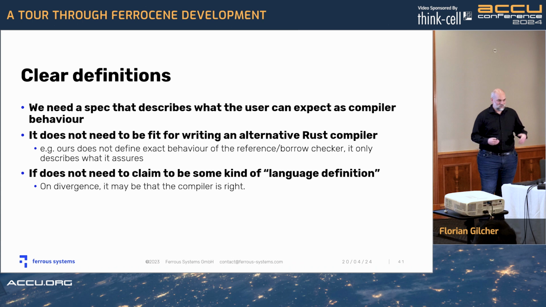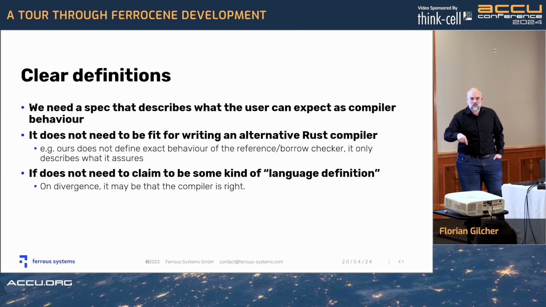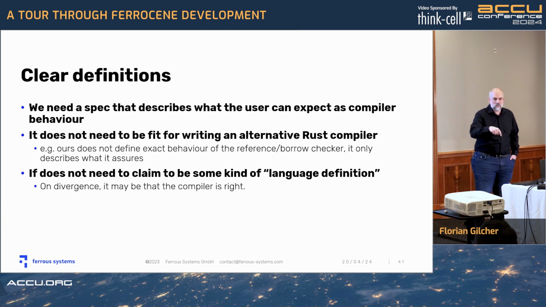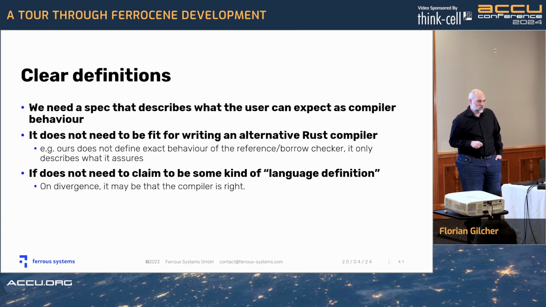You need to define what your spec needs to be. We need a spec that describes what the user can expect as compiler behavior on the very compiler that we are shipping. So if we're shipping Rust 177, we need a spec how Rust 177 as shipped by us should work.